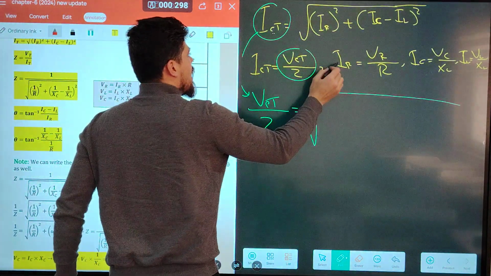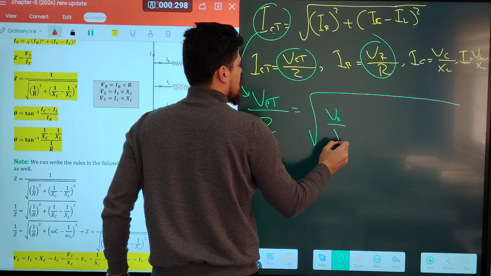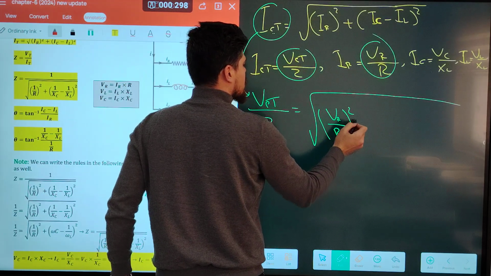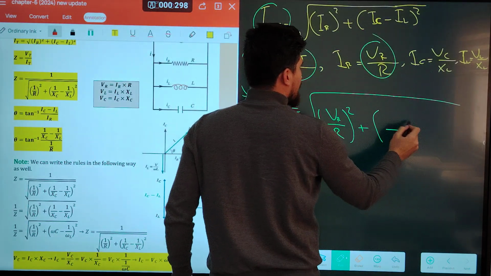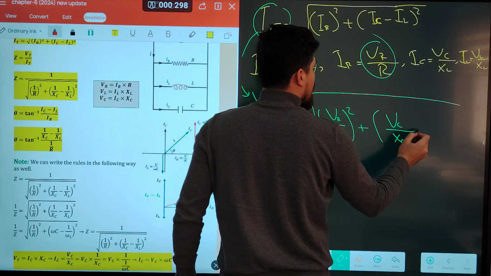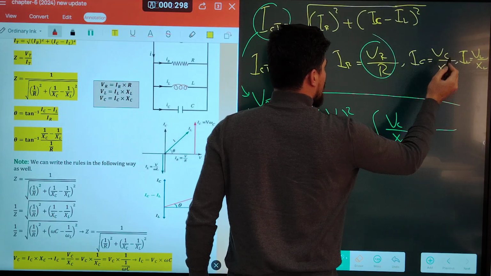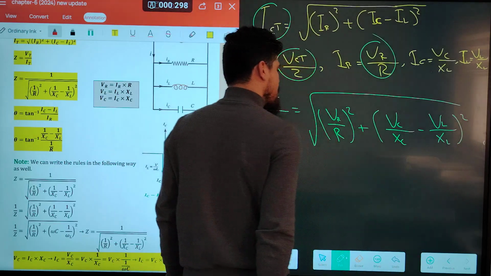Radical. And instead of IR, write down what? VR over R, VR over R squared. Plus. And instead of IC, write down what? VC over XC. Minus. And instead of IL, VL over XL squared.